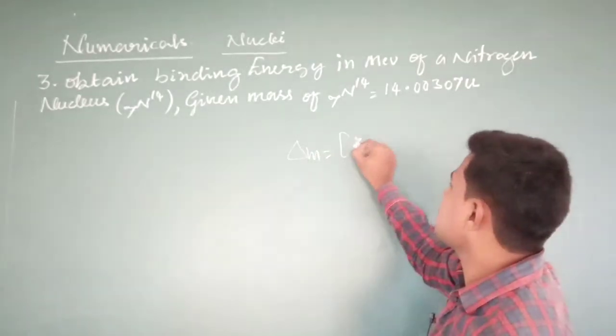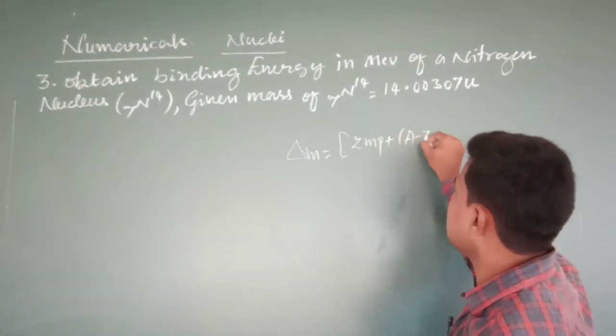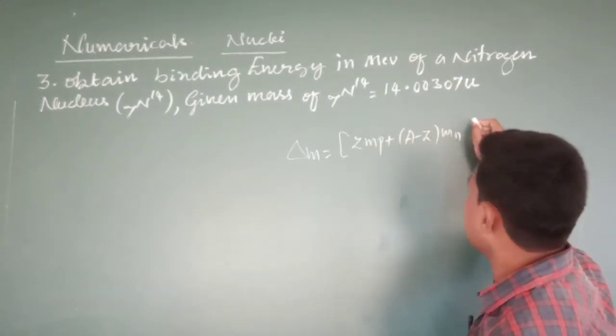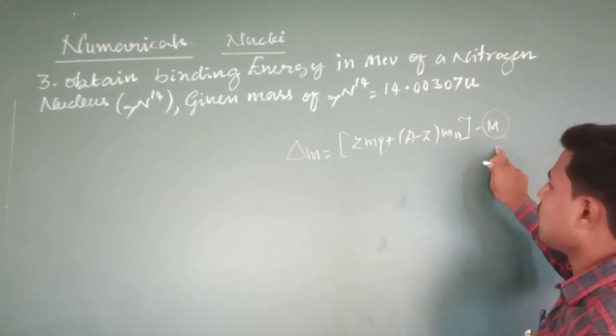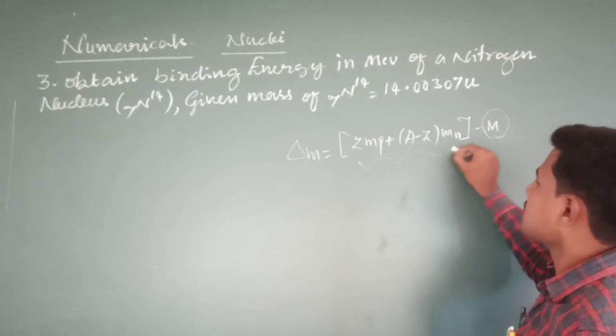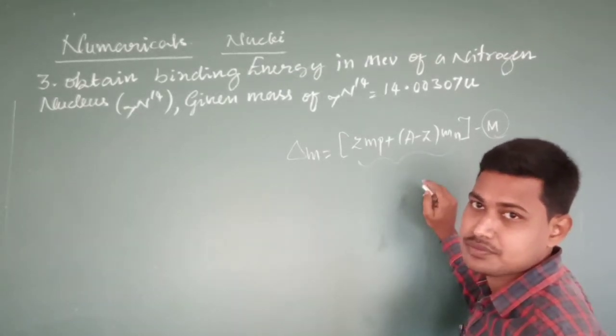Mass defect is Z into Mp plus A minus Z into Mn, minus M. Here M is the actual mass. This is the sum of the masses of the constituent nucleons.